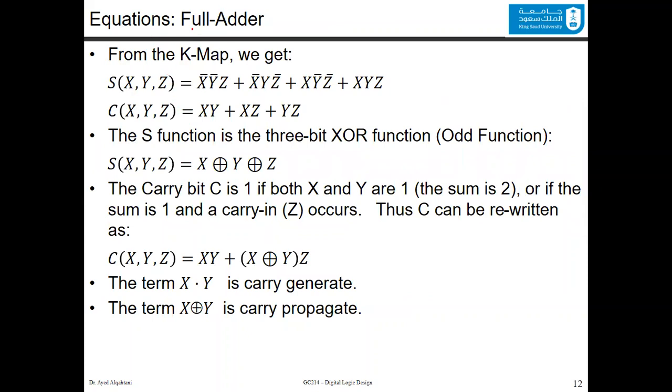Now, the equations of the full adder from the K-map, we get those two equations. And as we discussed, this S function is the 3-bit XOR function, which is X XOR Y XOR Z. The carry bit C is 1 if both X and Y are 1, which means that the sum is 2, or if the sum is 1 and the carry in Z is 1, the carry also occurs.